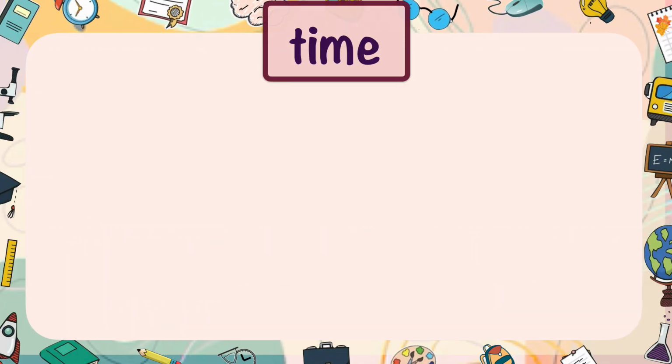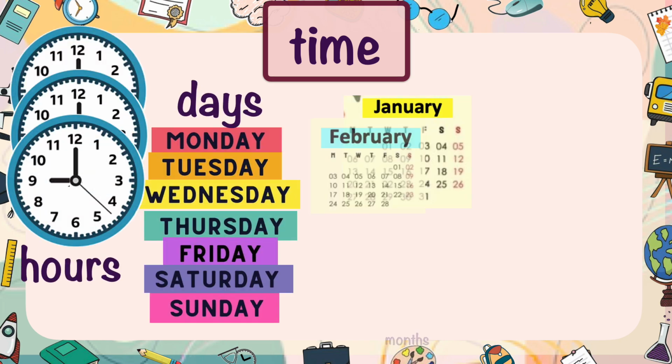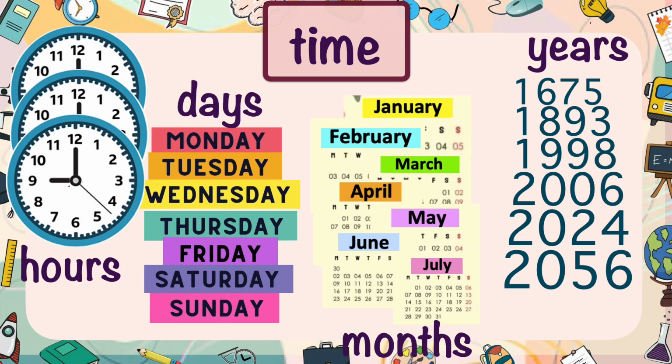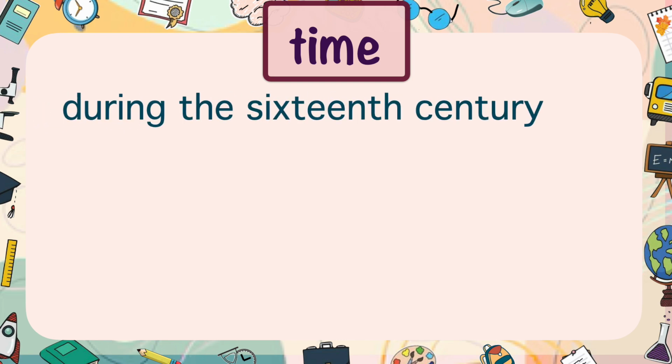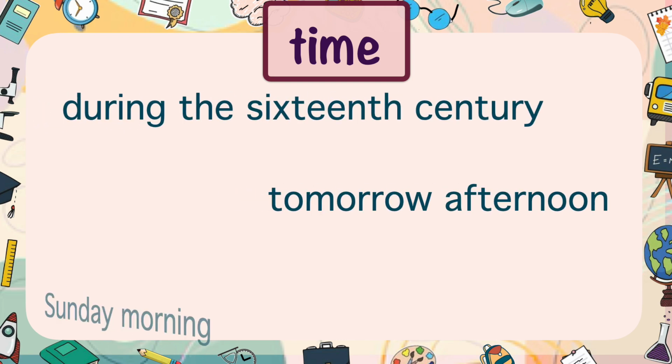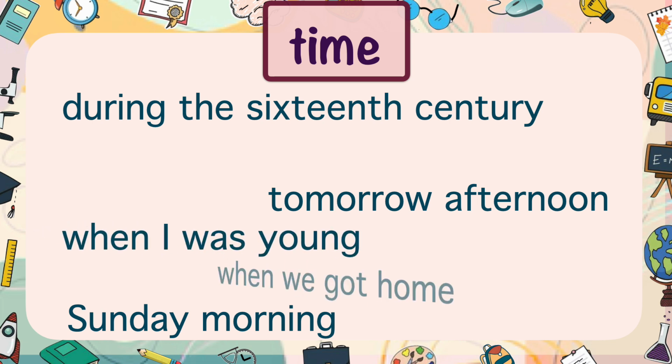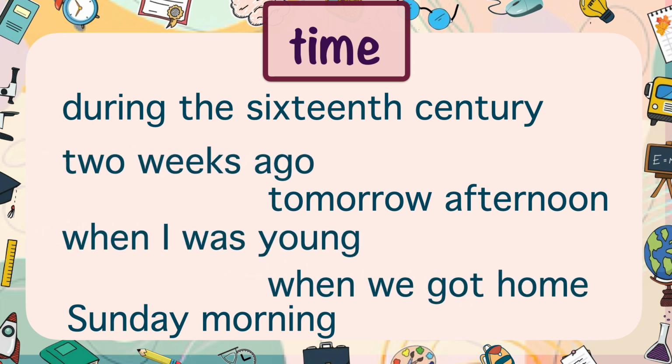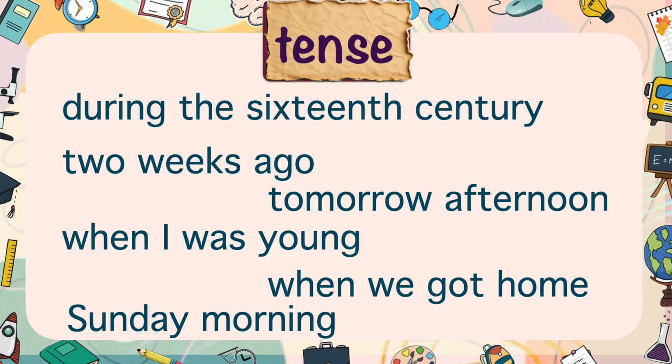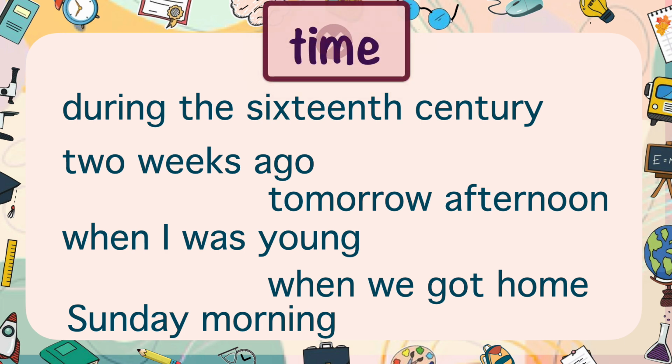The word time makes us think about hours, days, months, years, or some time expressions like during the 16th century, tomorrow afternoon, Sunday morning, when I was young, when we got home, 2 weeks ago. But tense, we're not talking about this time with tense.